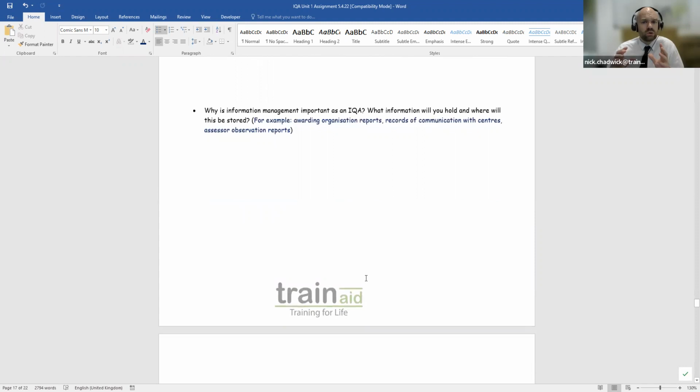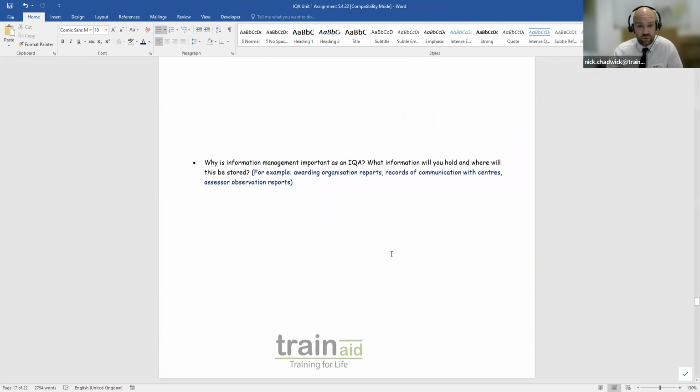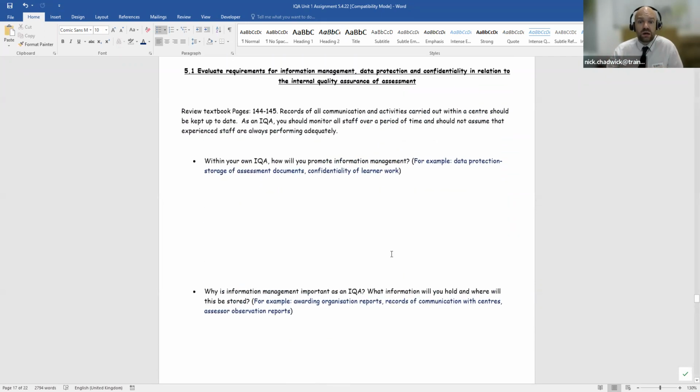Furthermore, we would like for you to explain why information management is important as an IQA, and what information will you hold and where it will be stored. This could be information such as awarding organisation reports, assessment decisions, records of communication with centres, and also assessor observation reports as well. So do have a look at textbook pages 144 to 145.